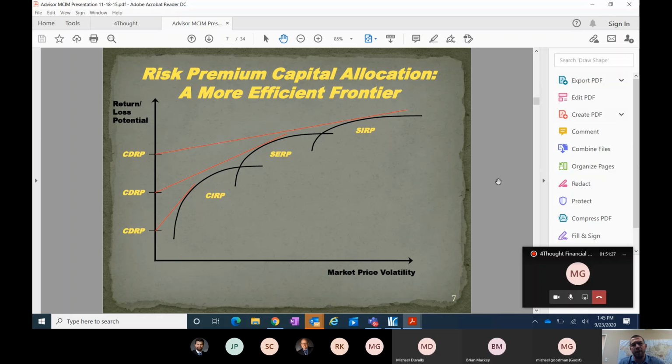What we've done here is broken down, we've eliminated the concept of the risk-free rate because, quite frankly, it does not exist, right? And I think right now there is proof of that in the marketplace, because the rate of return on treasuries on a real basis after inflation is actually negative right now, and even on a nominal basis, if you look at treasuries in places like Europe and Japan, it's zero, right?